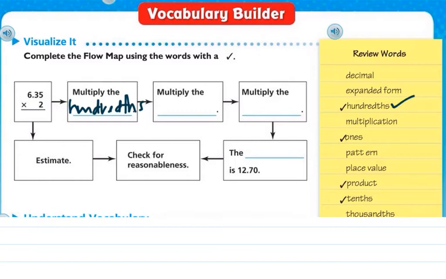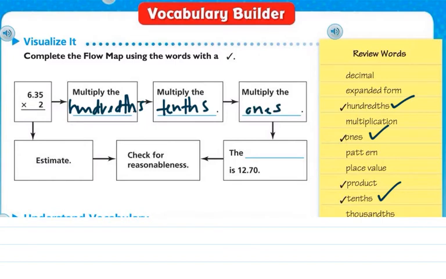Next it says multiply by the tenths, because that's the next column over. So I'm going to put a check by the tenths. And now it says, boys and girls, multiply by the ones, which is that 6 in that particular example.